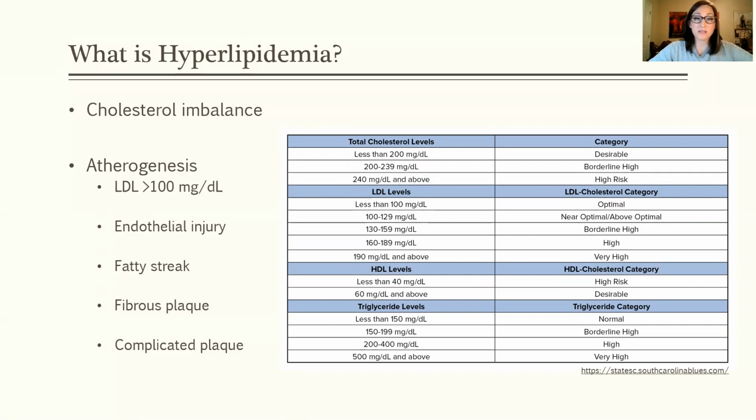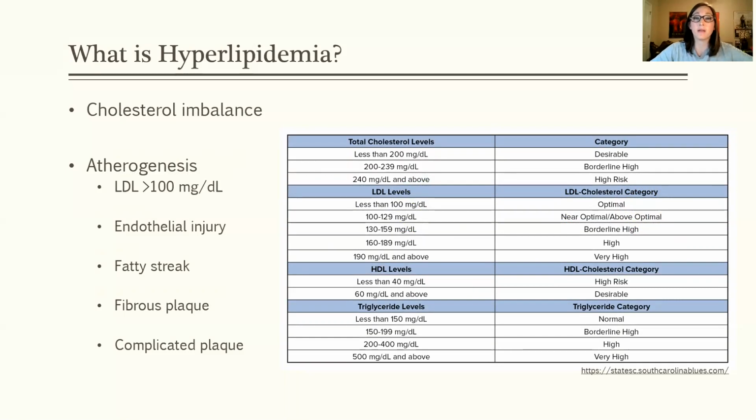These plaques consist of foam cells, which are essentially macrophages filled with cholesterol, and smooth muscle cells. As these fill with cholesterol, they can impede the flow of blood through the arteries, and they can become complicated plaques.